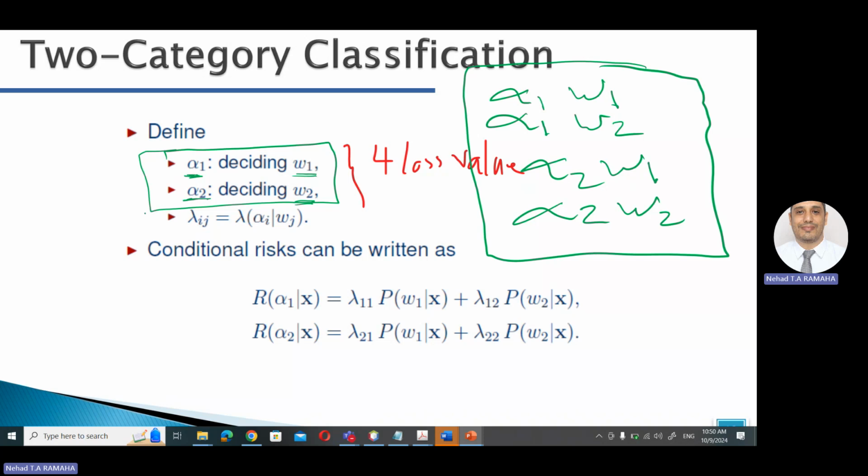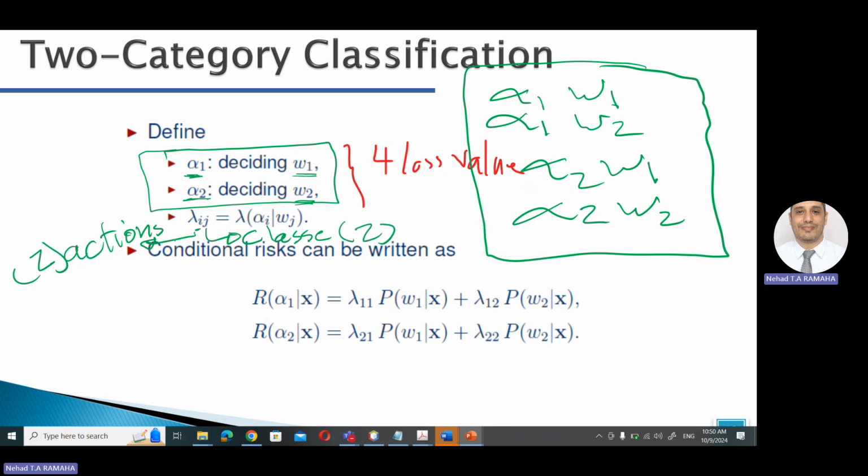Make it general: I means number of actions, J means number of classes. So we have 2 actions with 2 classes.